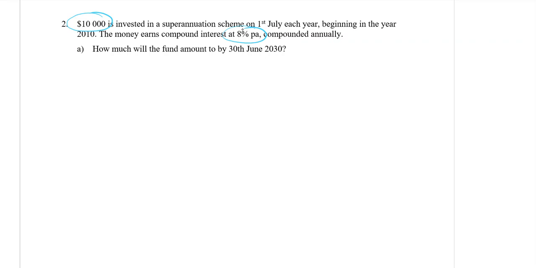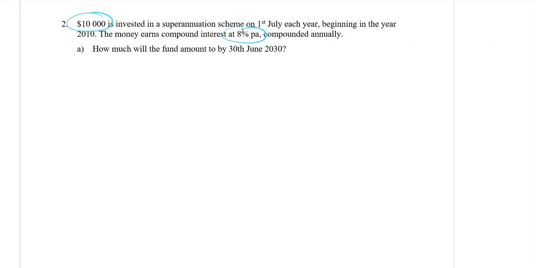Okay, so the first amount of money goes in on the 1st of July. How many years have passed to get to the 30th of June? That's the one day before the next amount of money would have gone in, right? So it's saying right before we make our very next instalment on the 1st of July, so the 30th of June in 2030, how many years is that? 20 years, yes.